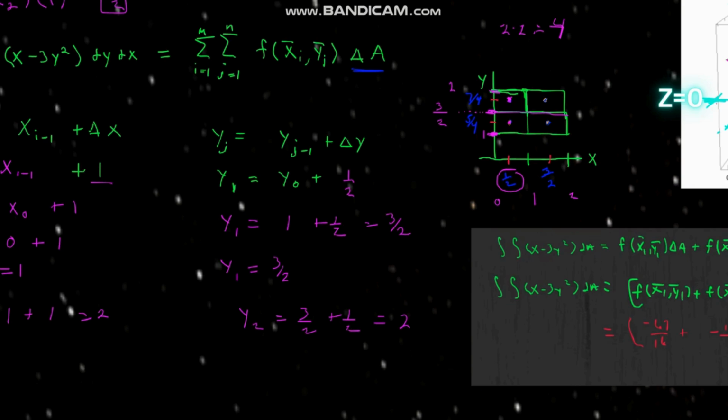So 0 plus 1 is 1, and we have our next point, x1. If you look at the graph over here, that's what this is. To get the second point, you repeat that process. You plug in the x1, so x sub 1 plus your delta x is 1 plus 1, which is equal to 2. Pause the video if you need to see that. Anytime I'm going too fast, just pause the video. It's that easy. So y sub j is equal to y sub j minus 1 plus delta y.